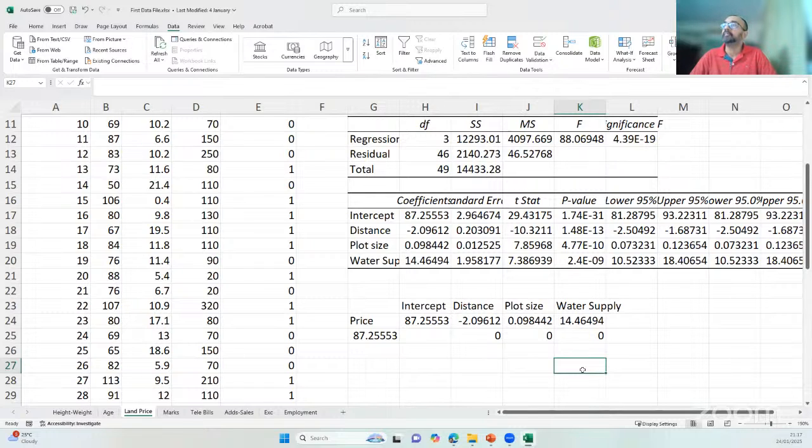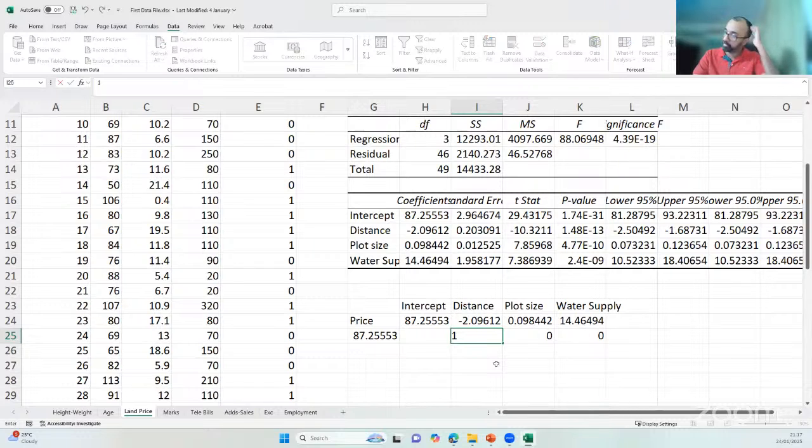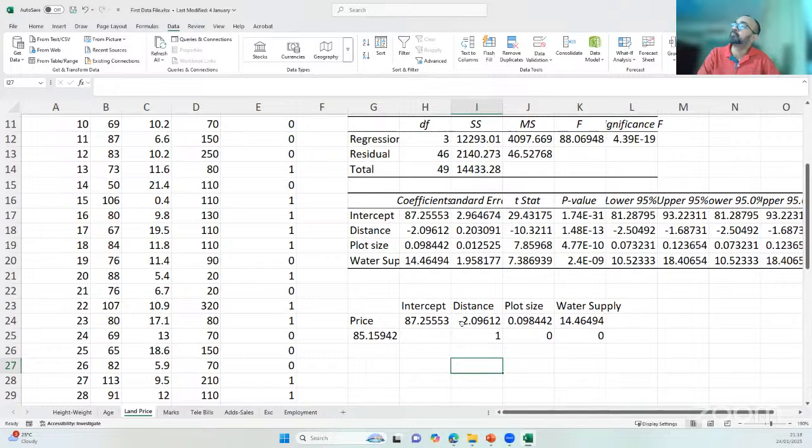Anyway, that is the base value of a plot of land. Then if we move, say, 1 kilometer away from the town center, it will reduce the price by 2.096, because the coefficient is negative, so the price will decrease.